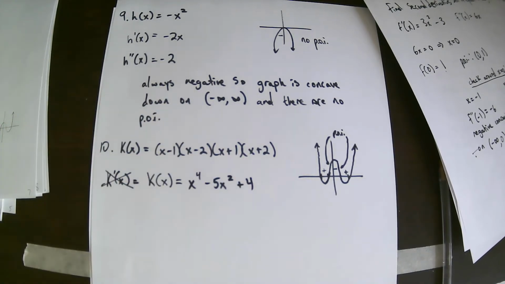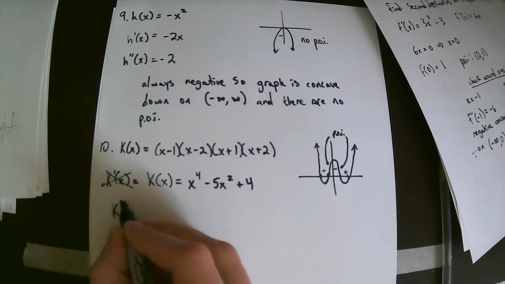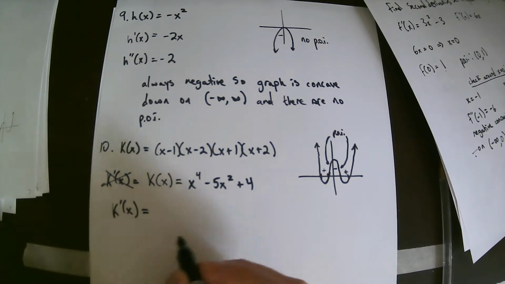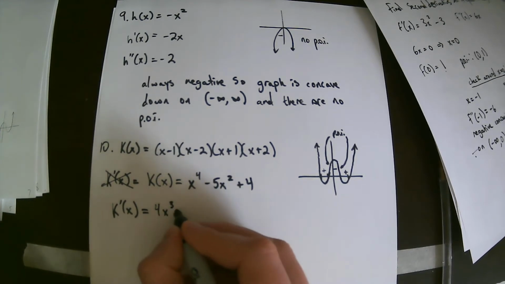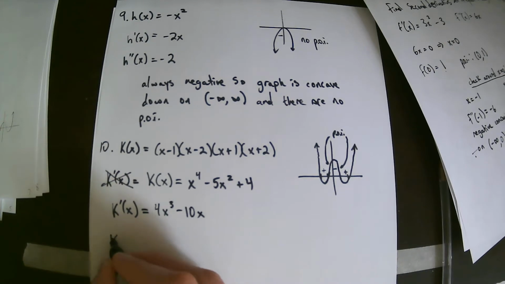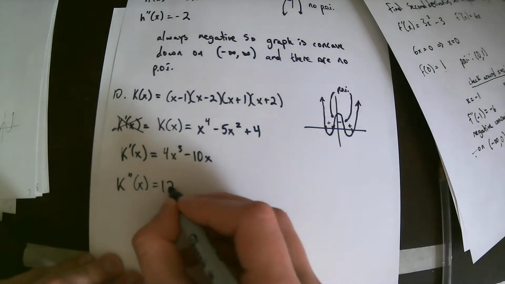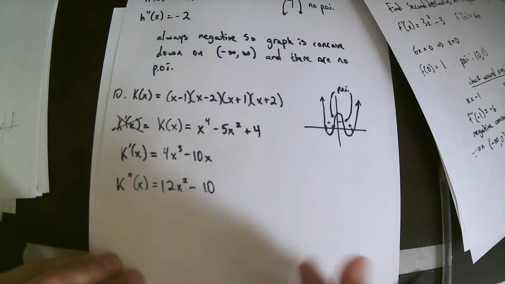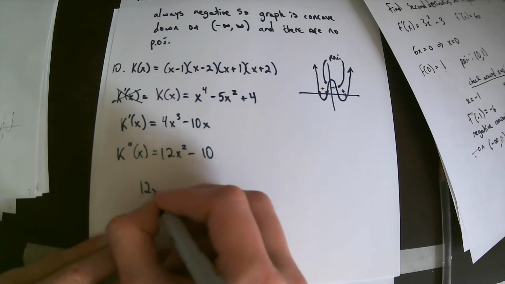Just plug it into Wolfram Alpha or something. Okay, that's much easier to deal with. It's a nice clean polynomial. Its first derivative will be 4x cubed minus 10x. Its second derivative will be 12x squared minus 10. Now, finally, something that can actually be set equal to 0 and solved for.